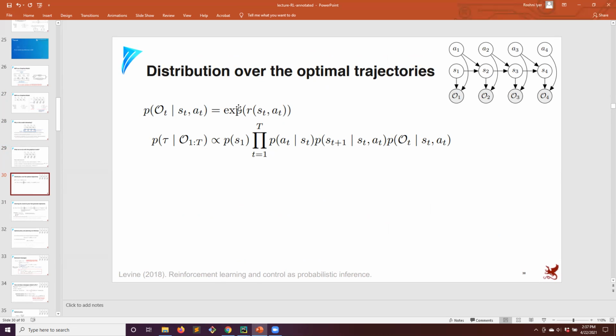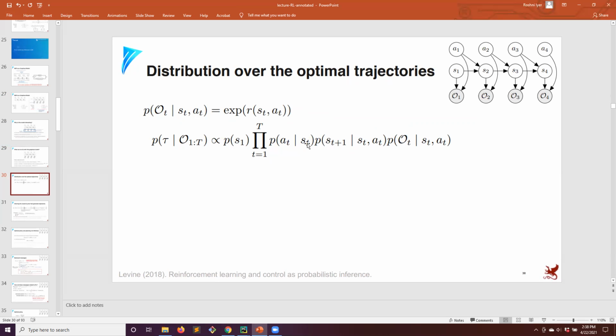Okay, so we have just defined the optimality as follows. When we say, what is the probability of the trajectories given that we have been acting optimally for all the time steps, that's basically the probability of the initial state, multiplied by the probability that we take this action from that state.